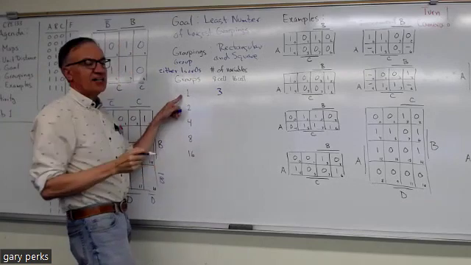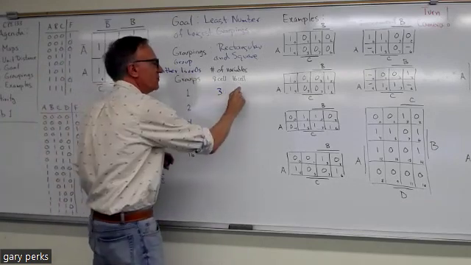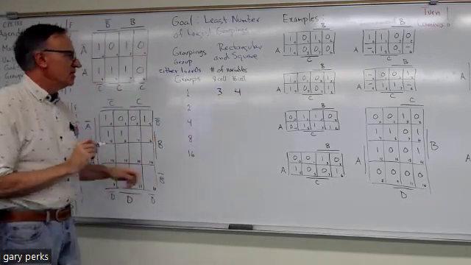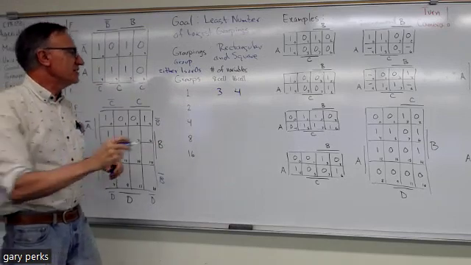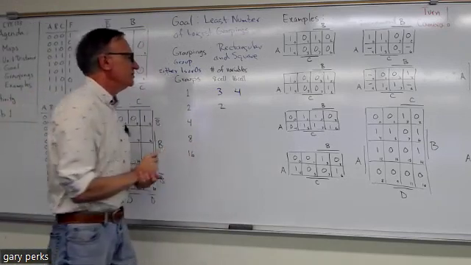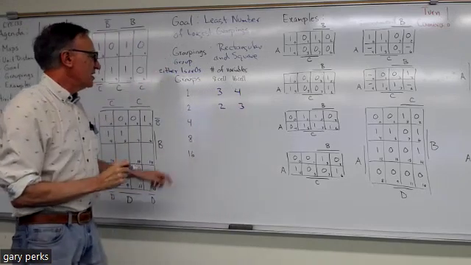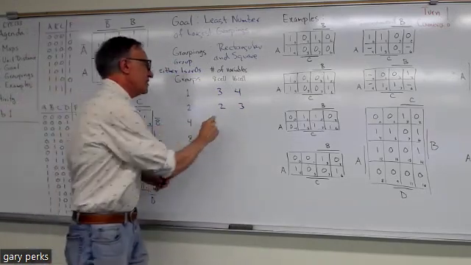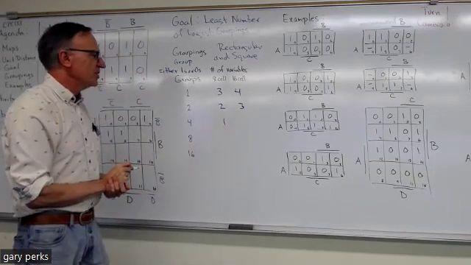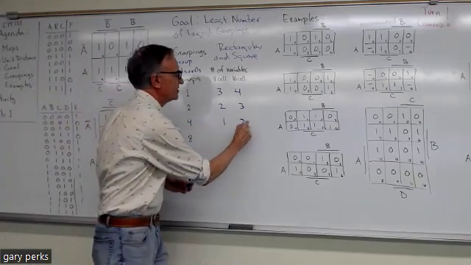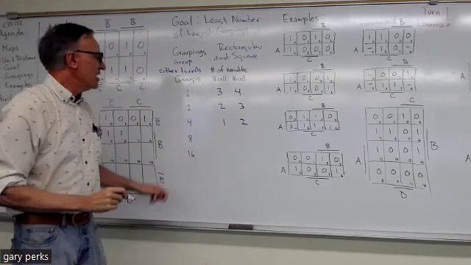If it's a 16-cell and you have a single grouping, you're going to get a 4-variable term. If it's a group of 2 with an 8-cell, you're going to get a 2-variable term. If it's 16-cell, you're going to get a 3. A group of 4 with an 8-cell is going to give you a 1-variable term. With a 16-cell, it's going to give you a 2-variable term.